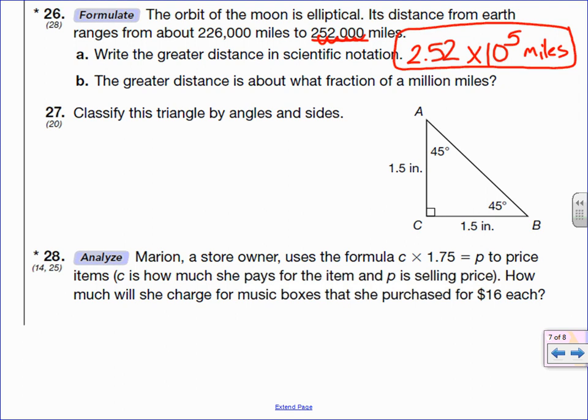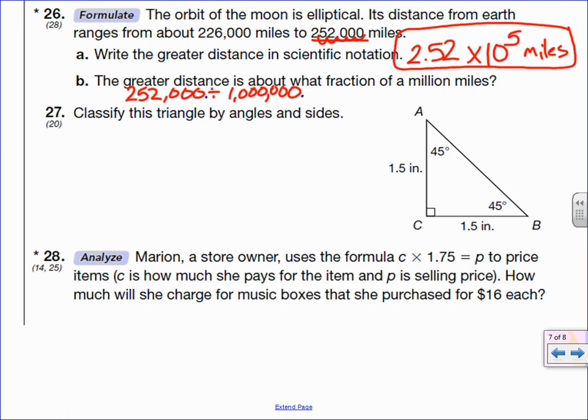So if I do 252,000 divided by 1 million, basically what that means is that I'm going to take the decimal point of the 252,000, and I'm going to move it one place for every zero in the million.